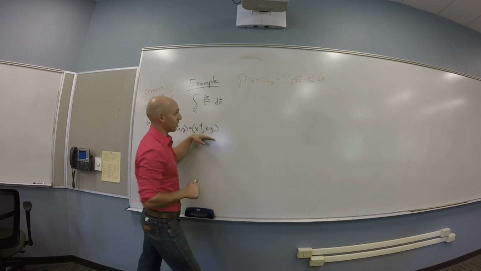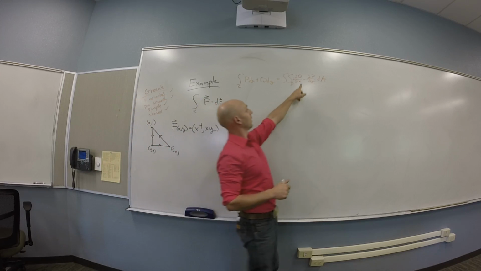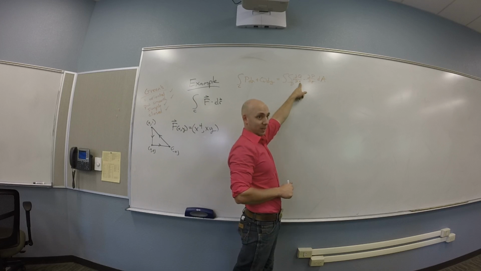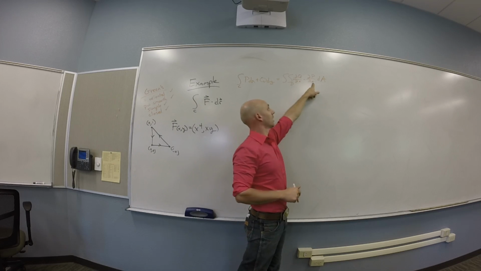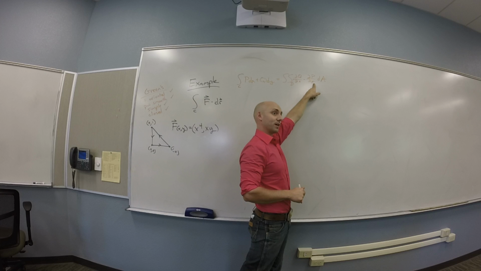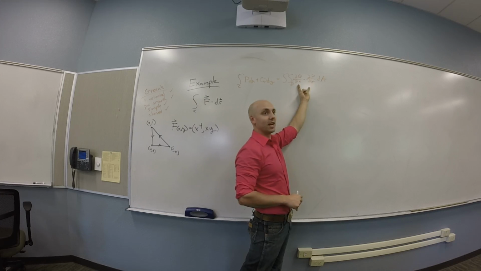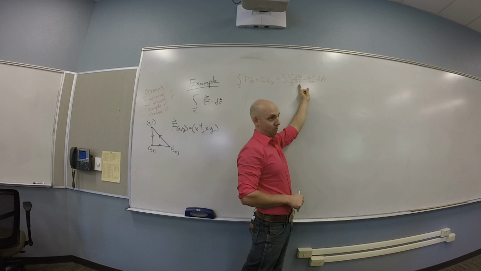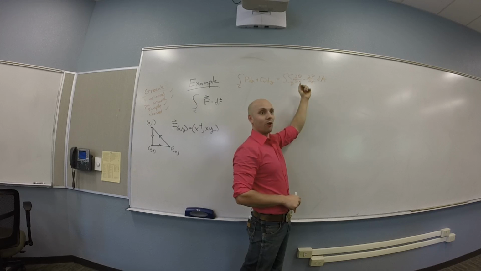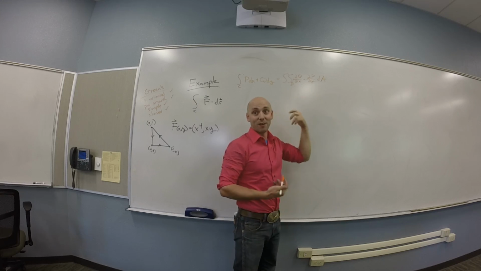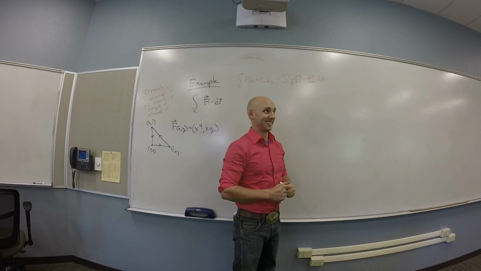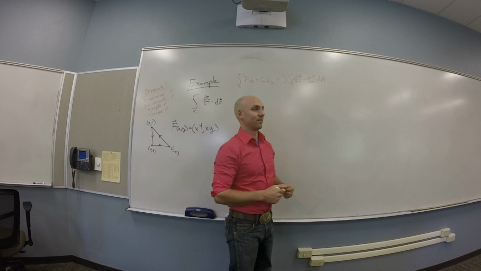Also, this would be F_y with respect to x, and this would be F_x with respect to y. Clairaut's theorem would tell me that this chunk is then 0. So that's kind of how you would show that. You kind of with me on that?